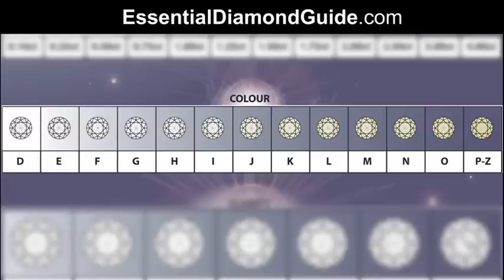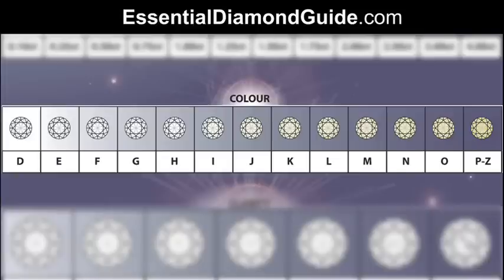Unless you have very white light and almost grading laboratory conditions, it's going to be very hard to see anything other than white in an F or G coloured stone. Even H can be a very nice colour. Also, with regard to the colour, if you're setting the diamond in yellow gold, then you can possibly go for a lower colour than if you're setting it in white gold, because the yellow of the gold will contrast with the whiteness of the diamond.